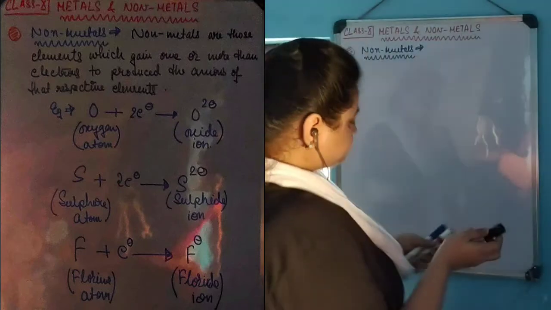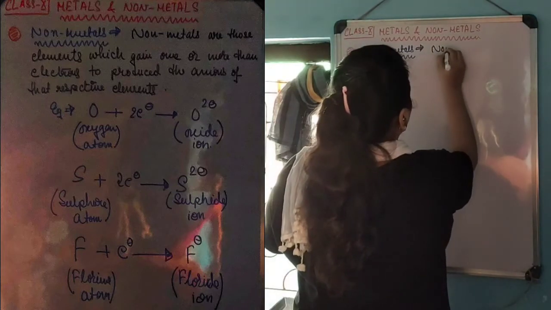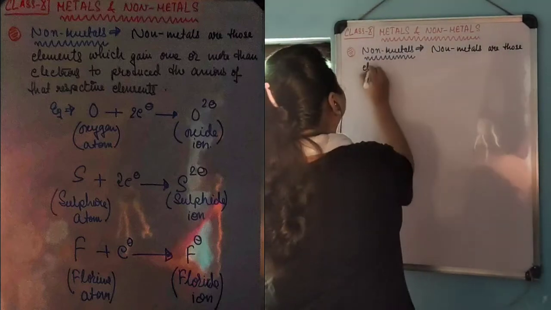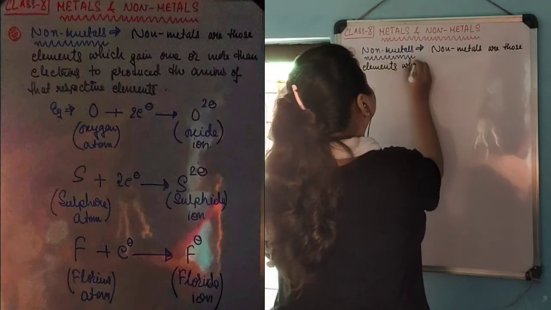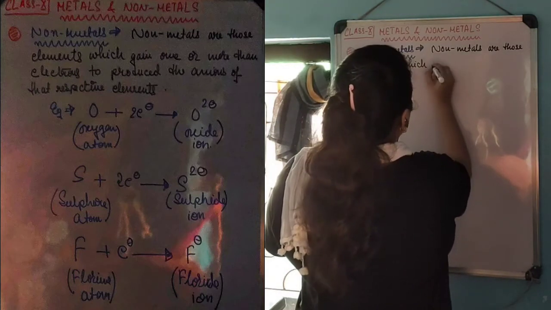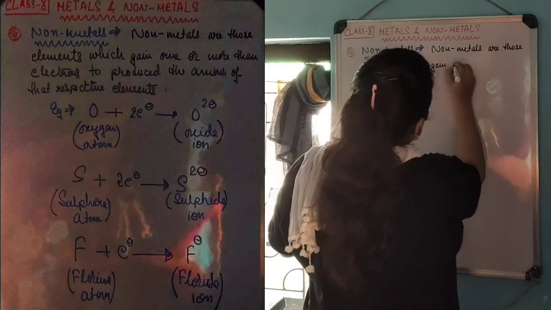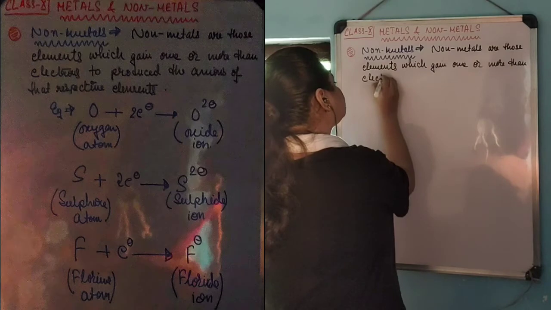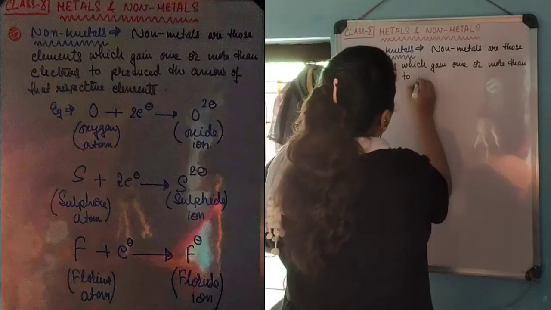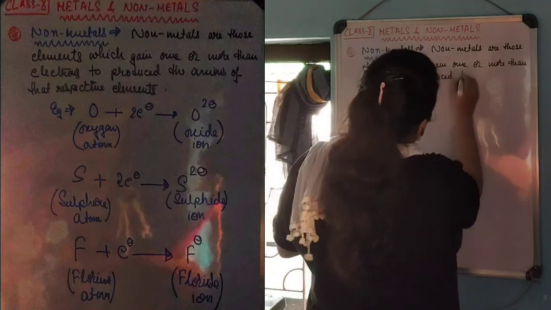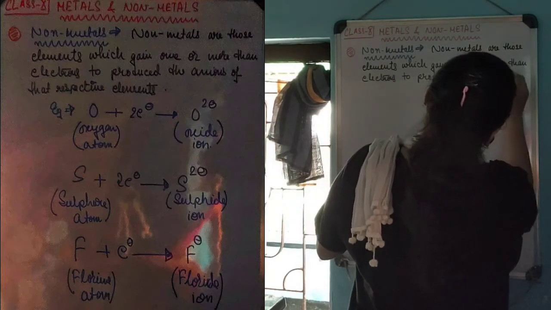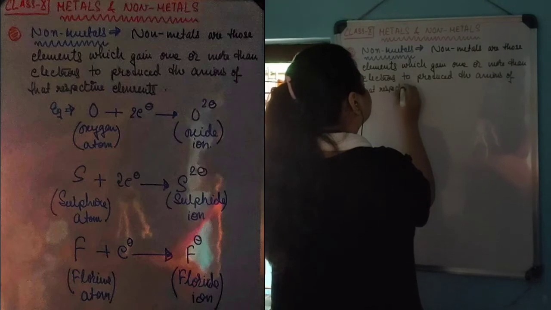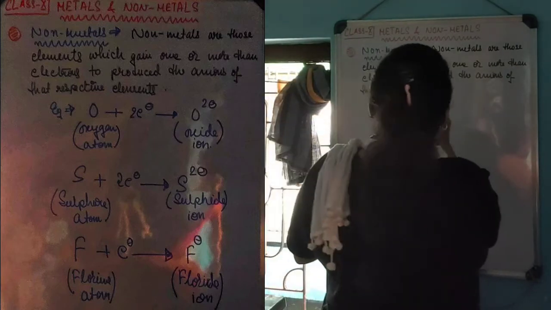So by definition you can write: non-metals are those elements which gain one or more than one electrons to produce the anions of that respective element.